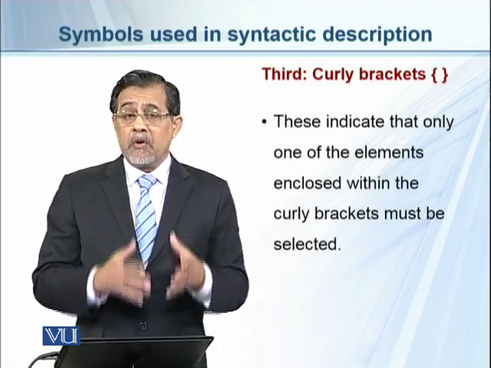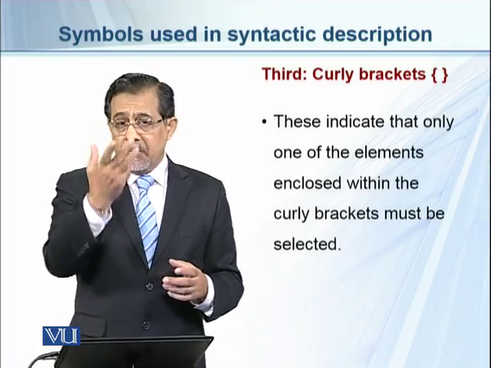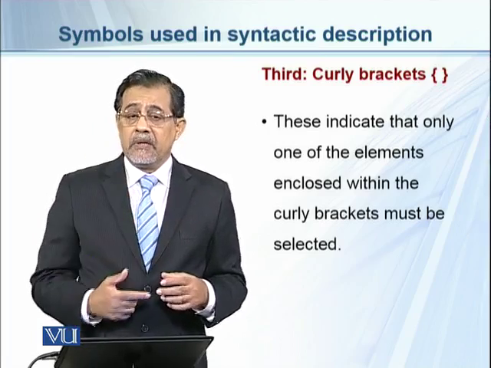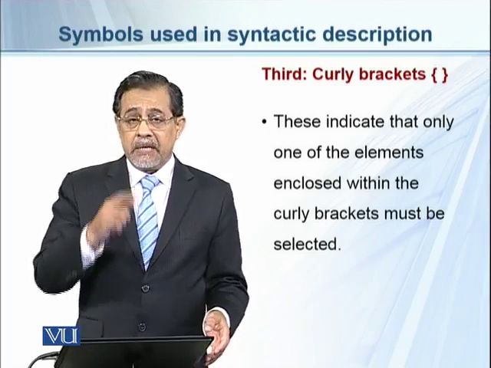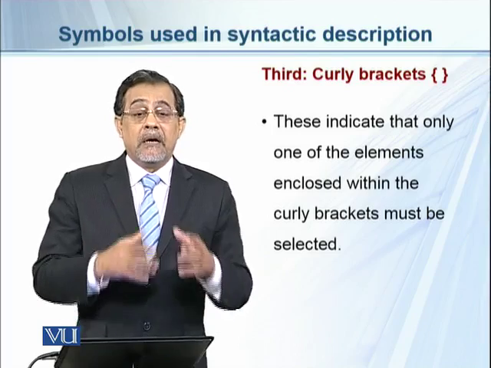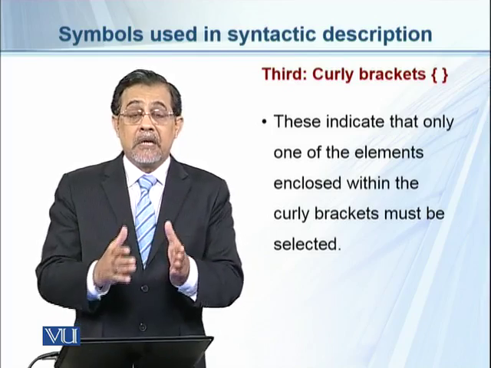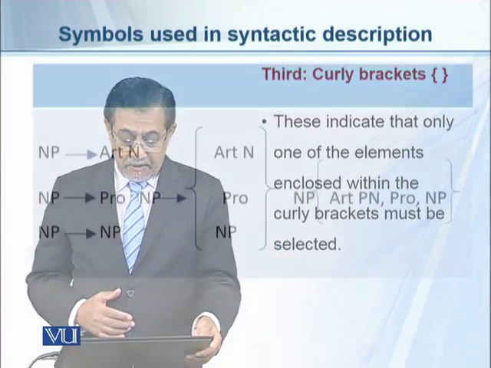So these are all options, but when we make a sentence, we will have one of these options. So curly brackets will tell us that we can pick one of the elements or categories out of 2, 3, 4 categories.